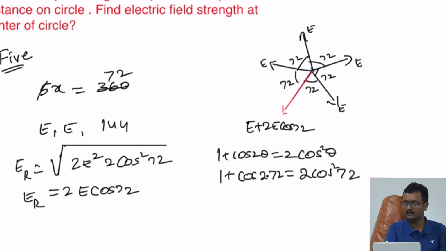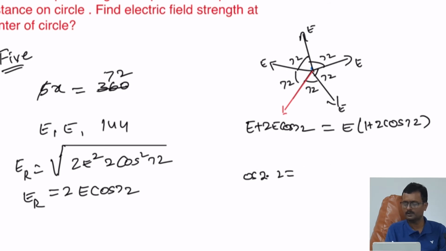Then we get E plus 2E cos 72, that is E common, 1 plus 2 cos 72. So we get one vector.